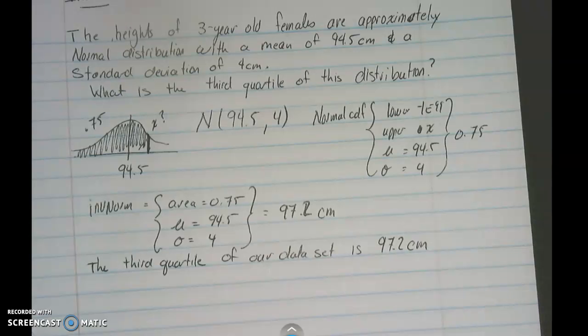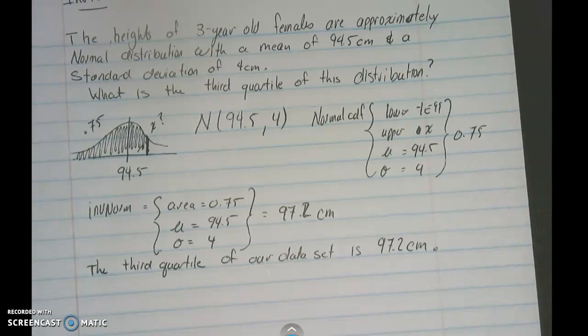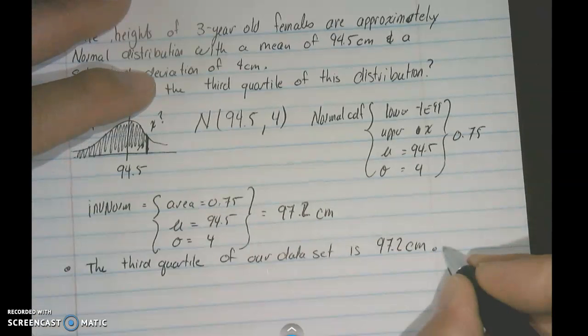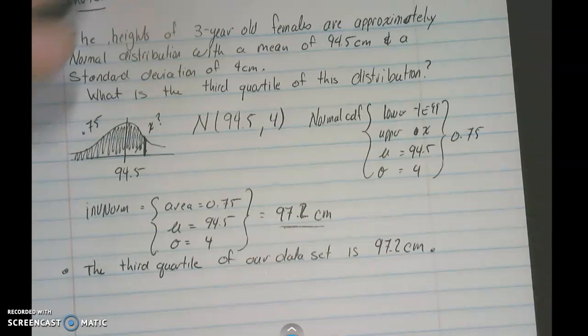So you technically could plot how to do your box plot this way as well. So any questions of that? Okay, so the AP people will be looking for this statement here. They don't want to just see this, they want you to actually translate it into a statement there.